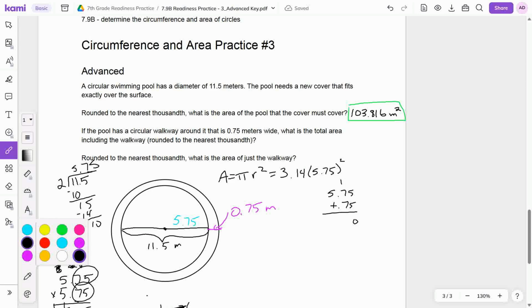It's going to be a little bit easier for us to multiply, though, thankfully. 6.50 or 6.5. Okay, so now my new area is going to equal 3.14 times 6.5 squared. So let's do a little bit more multiplication.